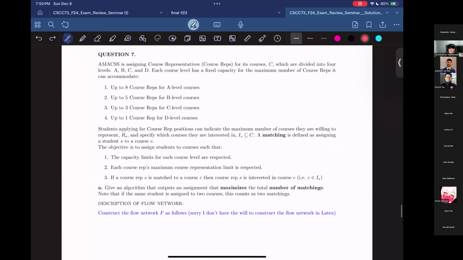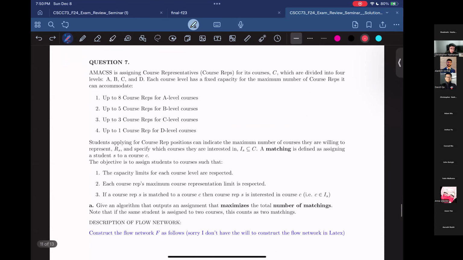So the next one is pretty straightforward. So AMACSS is assigning course reps for its courses C, which are divided into 4 levels: A level courses, B level courses, C level courses, D level courses.